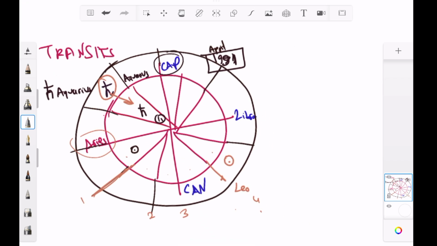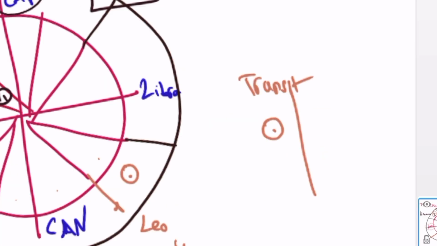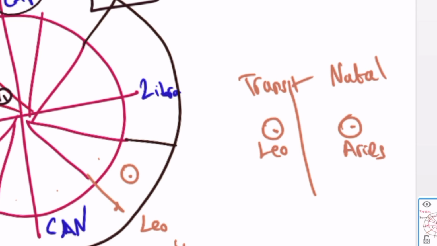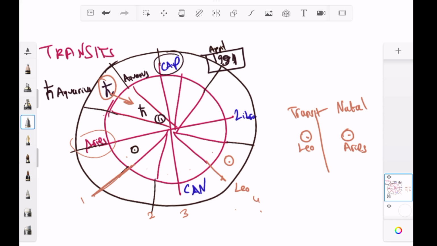So we can say that the transit Sun, and here is natal. Here, right now, the Sun is in Leo, and your natal Sun is in Aries because you were born in April. So we can say that the Sun is trining the natal Sun.